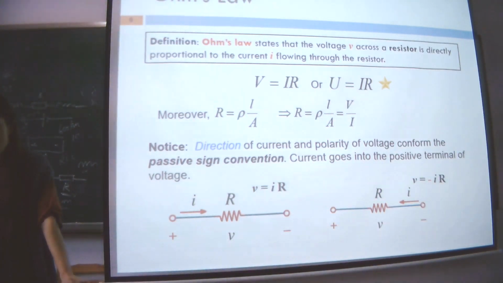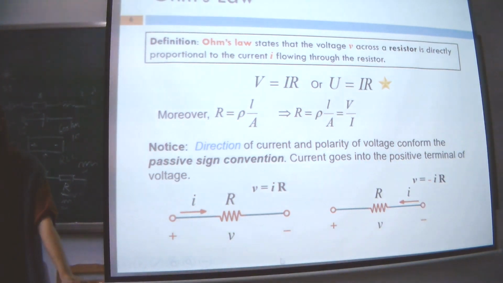Now Ohm's law. It's an old thing for us. Ohm's law, U equals IR, and this equation we need to remember by heart. We need to notice that the direction of current and the polarity of the voltage conform to the passive sign convention.